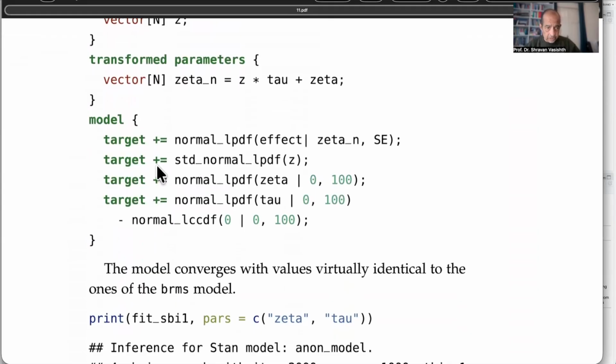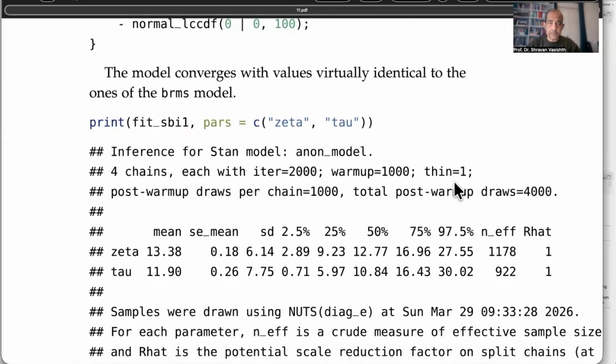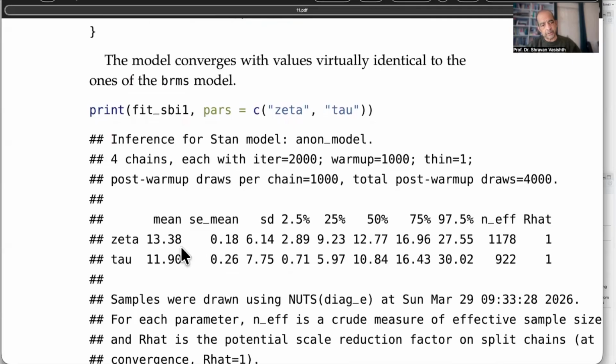That's the prior on z, standard normal. And then you have the prior on zeta, the prior on tau, just like before, and the actual generative process for the effect estimates is just like before, nothing different, okay? And now the model will converge and the values will be pretty much the same as before, okay?